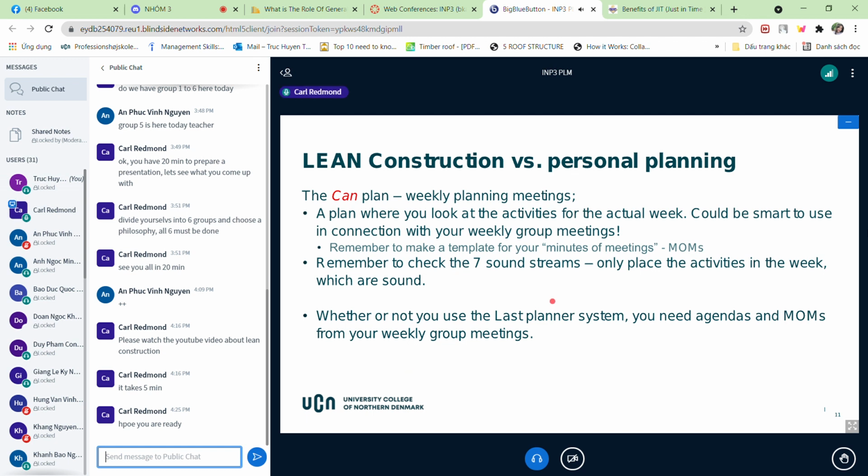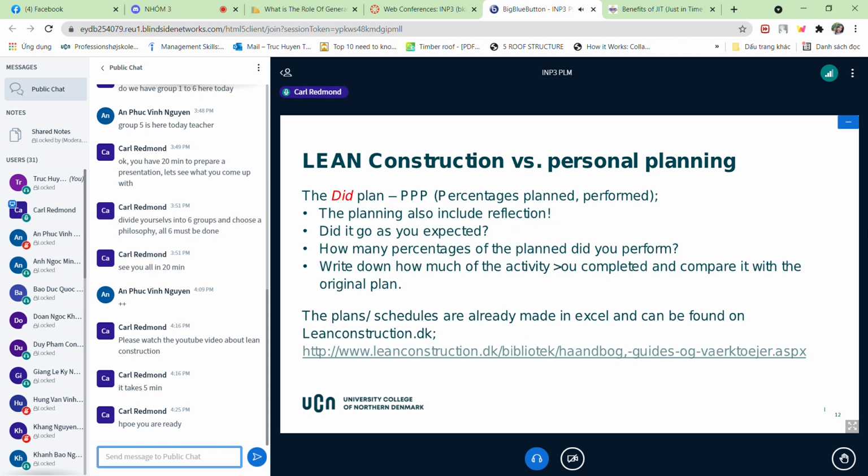And only place the activities in the week that you know can be done. That's also important. Whether or not you use the lesson planning system, you need agendas and minutes of your meetings. So remember, it's also important that you have the documentation there, so you can always go back and see what happened, or what you actually decided.